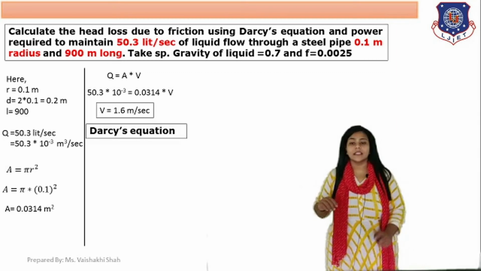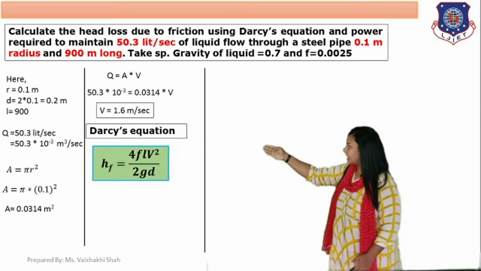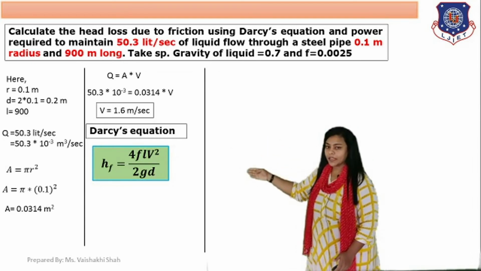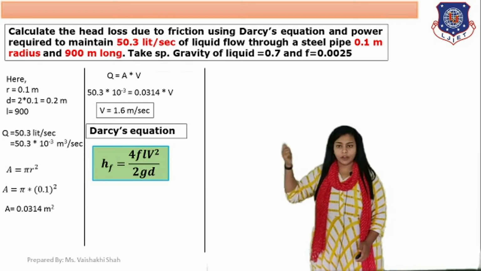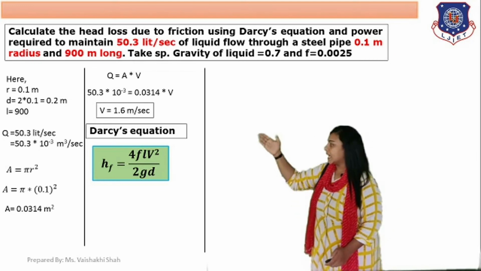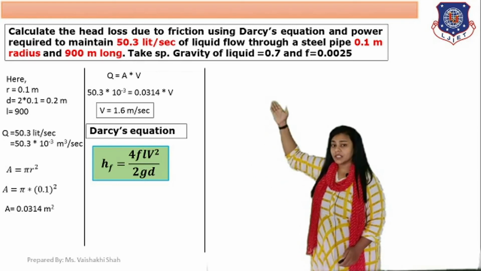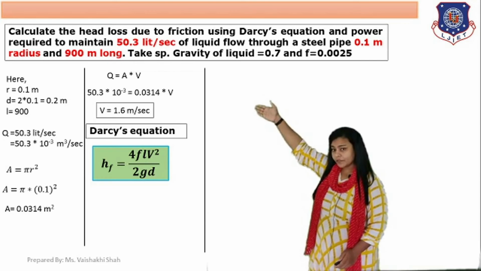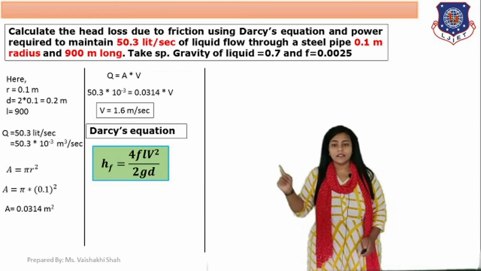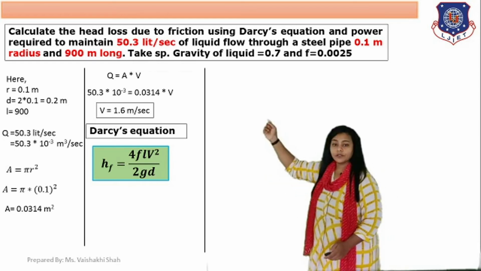Now, Darcy's equation is 4FLV² by 2GD. F we already have, 0.0025. L is 900 meter. V we just found in the above step, 1.6 meter per second. G is 9.81 and D is your diameter, 0.2 meter.